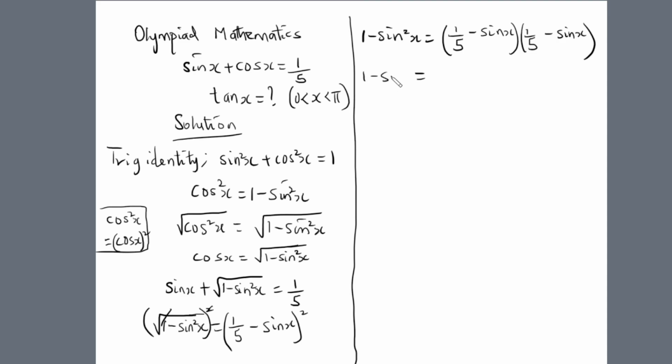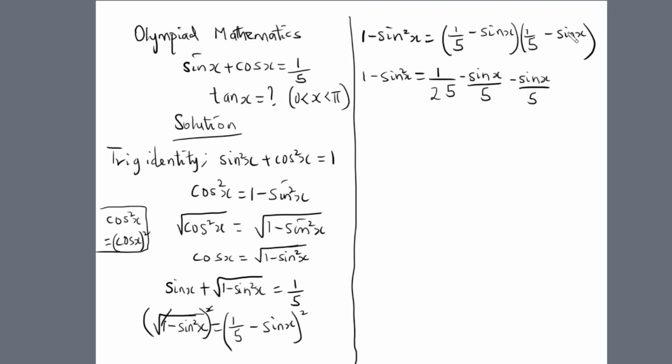On the left hand side we have 1 minus sine squared x, and the right hand side is 1 over 5 times 1 over 5, which is 1 over 25. 1 over 5 times minus sine x is minus sine x over 5. Same thing here, minus sine x times 1 over 5 is minus sine x over 5.